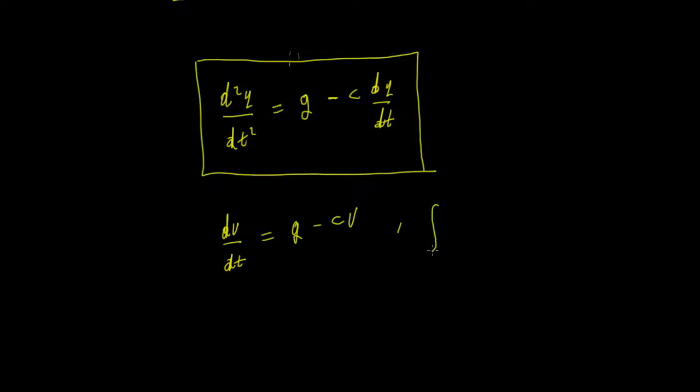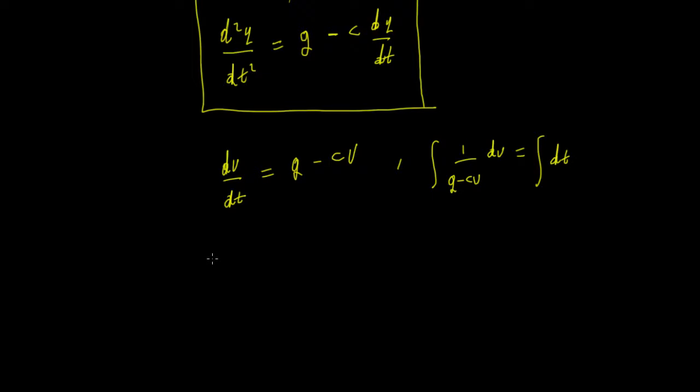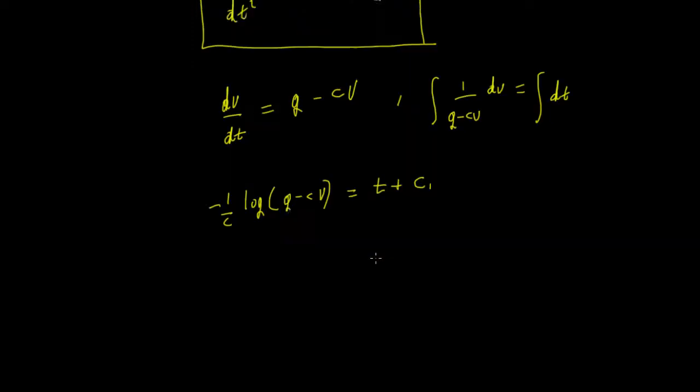So you're going to have the integral of 1 upon g minus cv dv is equal to the integral of dt. So the left hand side can be integrated as minus 1 upon c times the log of g minus cv, and the right hand side will just be t plus some constant, we'll call it c1.